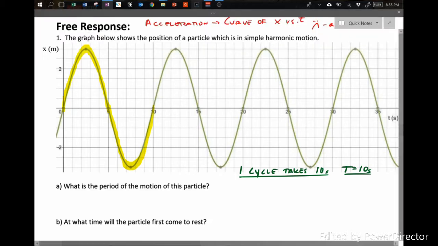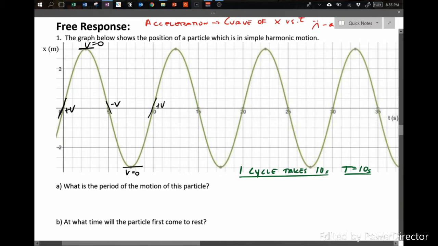Next thing we're going to look at is the velocity. I've got a positive slope here. So that means here, a positive velocity. Up here, I've got velocity equals 0. Negative velocity. Down here, 0 slope, velocity is 0.